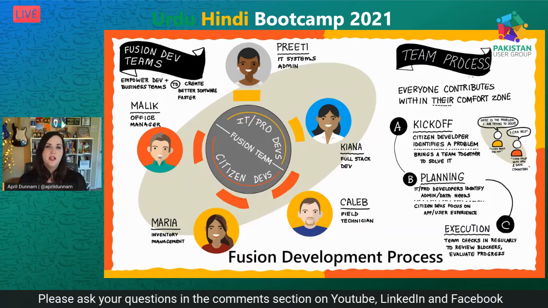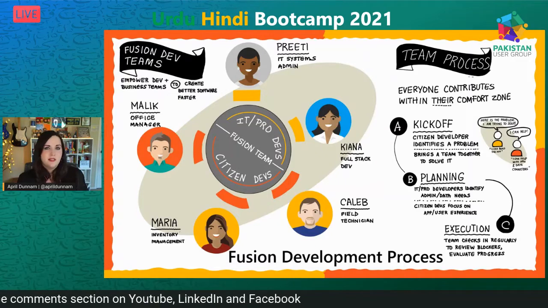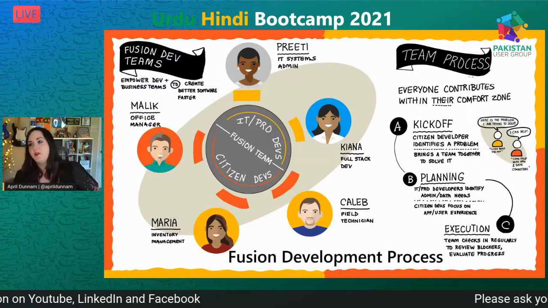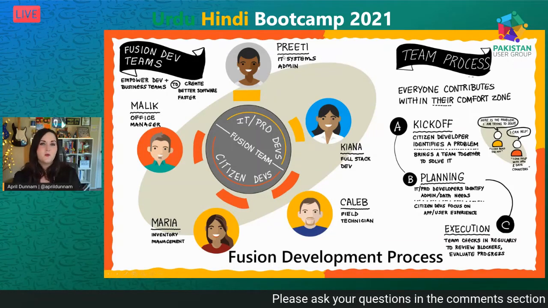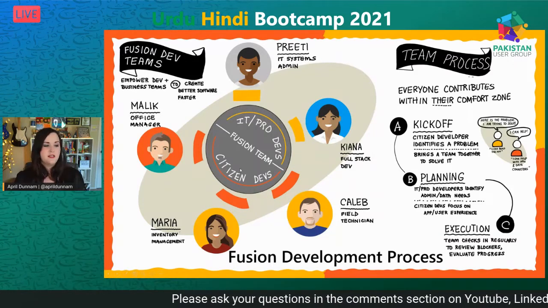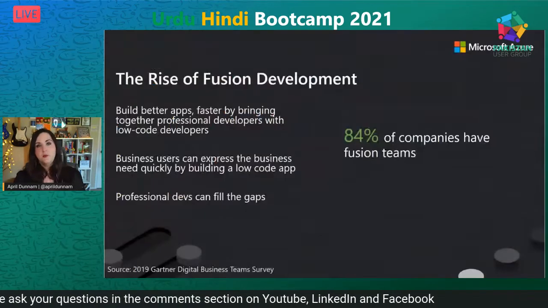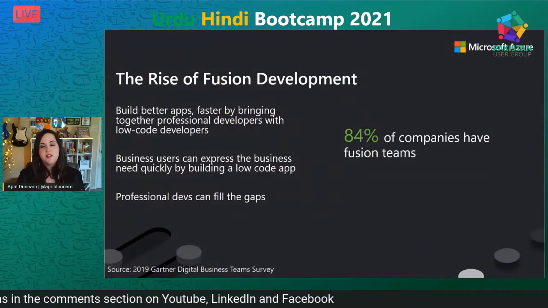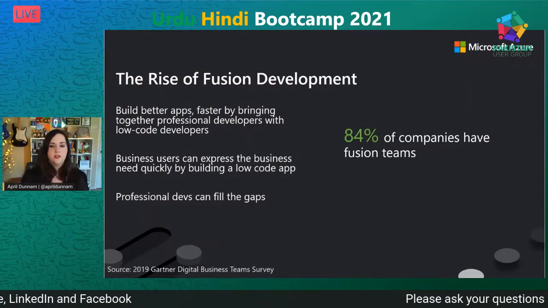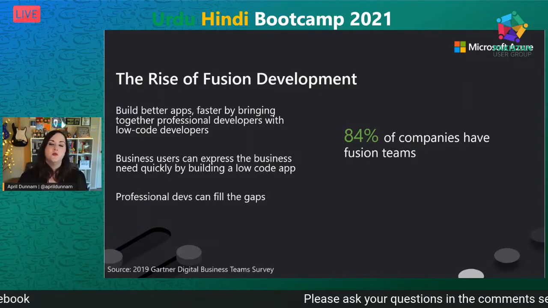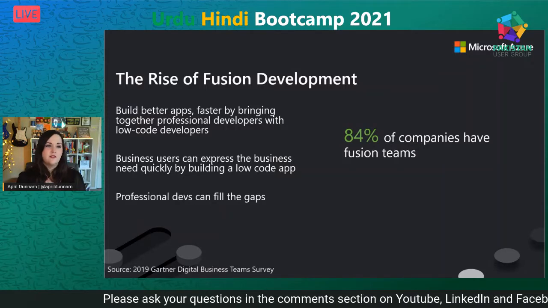And IT pros can help tackle some of the security concerns with DLP policies, which we'll talk about here in a second. So it's a really efficient and collaborative process that makes building applications very seamless. And these Fusion dev teams that we're seeing pop up are really increasing. So we see about 84% of companies right now already have these Fusion teams in some form or fashion. So it's really helping professional developers to fill the gaps and create their software faster.